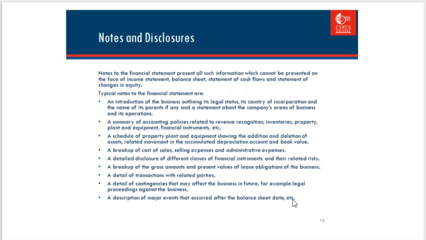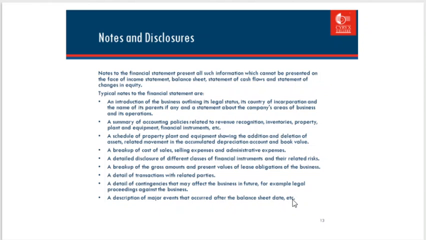Third, a schedule of property, plant and equipment showing the addition and deletion of assets, related movement in the accumulated depreciation account and book value. Fourth, a breakup of cost of sales, selling expenses and administrative expenses. Fifth, a detailed disclosure of different classes of financial instruments and their related risks.